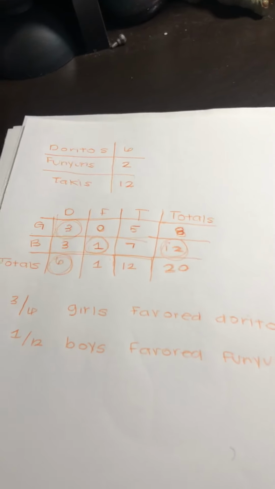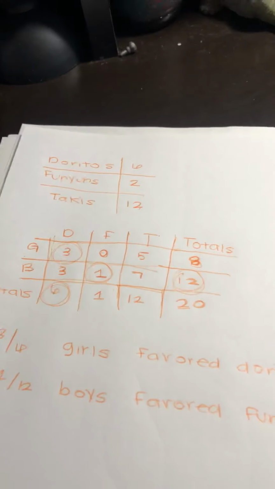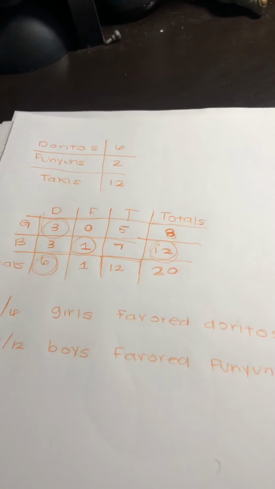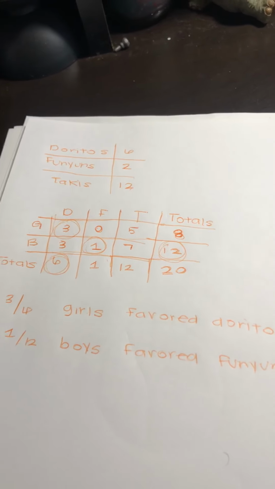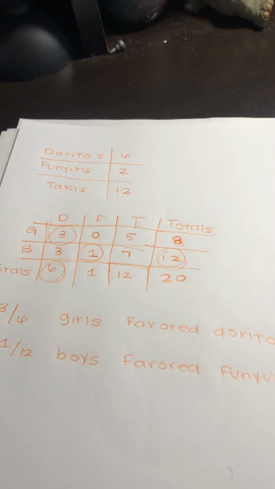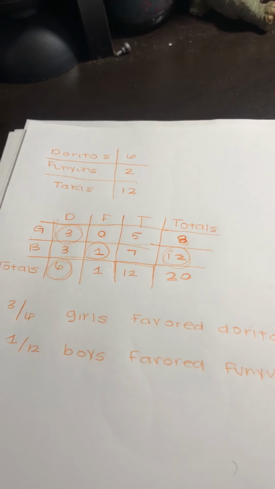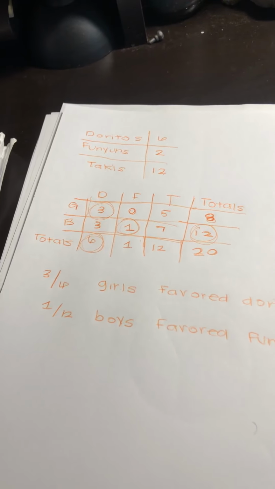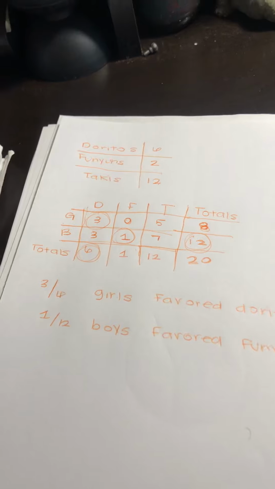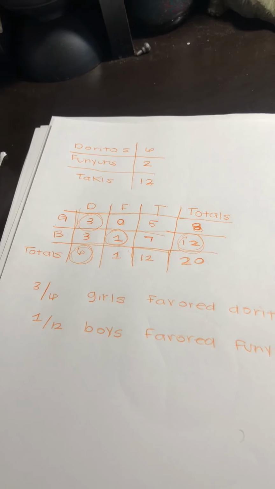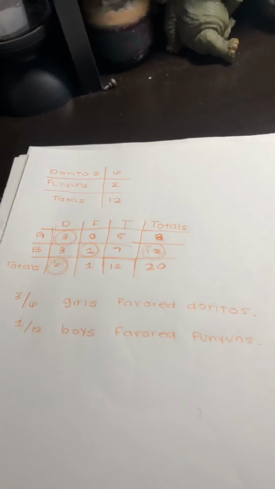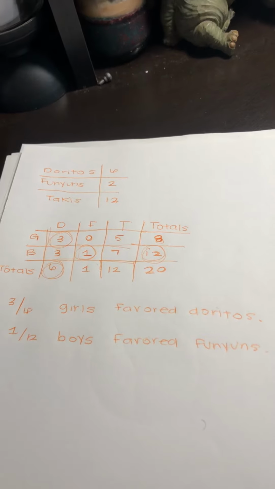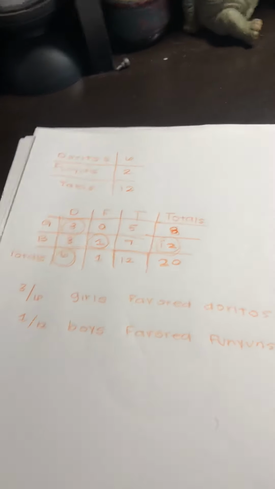The last topic I'm going to talk about is sampling distribution. My example question is going to be, alright, my last question is going to be, oh no, never mind.